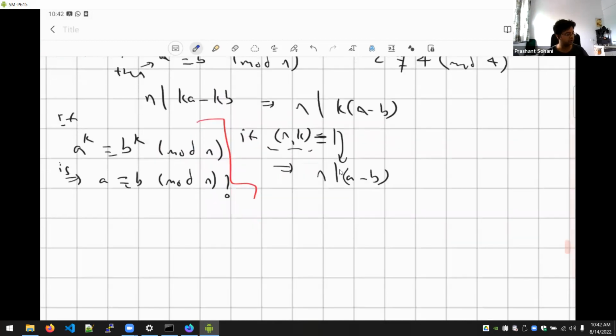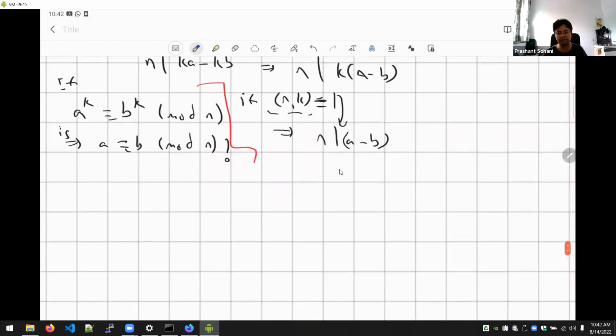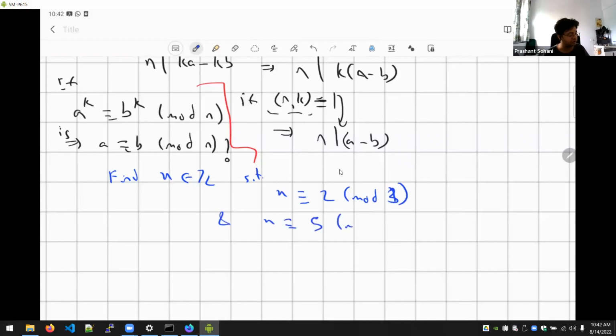That can be expressed as congruence equations: find the number x such that if I divide it by 3, I get a remainder of 2, and if I divide it by 7, I get a remainder of 5.